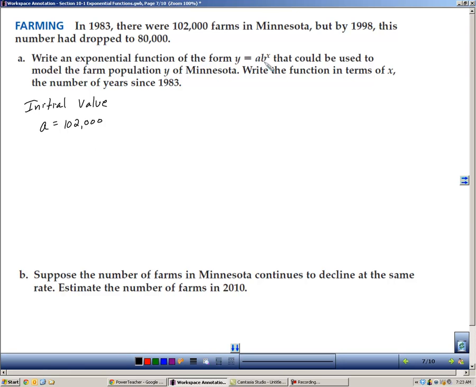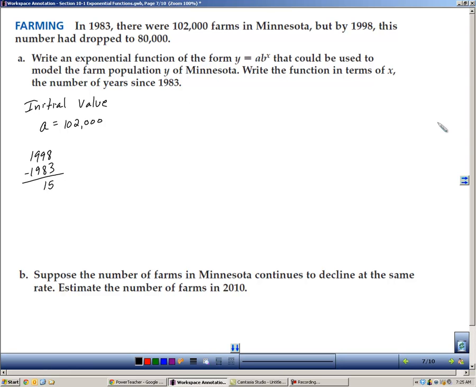What I have to find is the B, because if I know the A and the B, then I can write my exponential function. Well, I have a lot of information here that I can use to help me find my B. If I go from 1983 to 1998, I see that that is 15 years. So over the course of a 15-year span, I decrease all the way down to 80,000 farms.